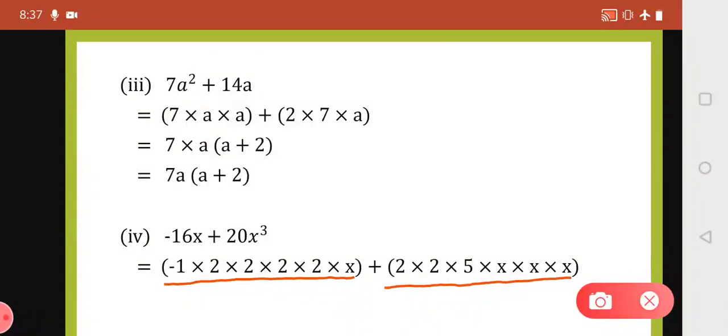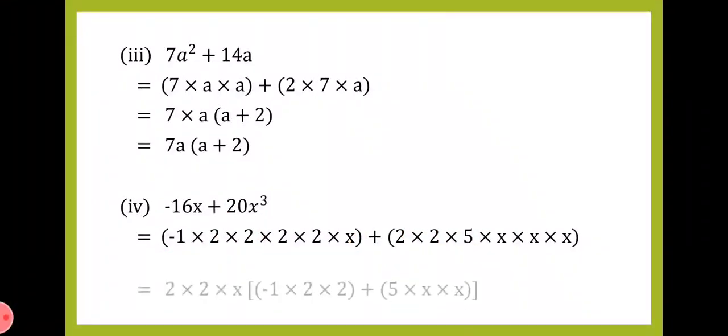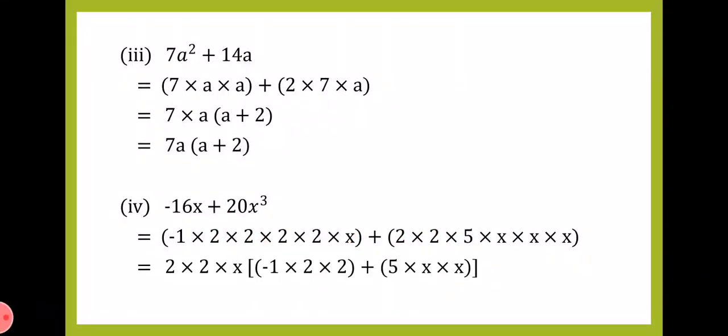Now from both the brackets, the same factors: one time 2, another time 2 also we can take out common, and 1 time x. So we will write 2 times 2 and 1 time x, that is equal to 2 into 2 into x, right?